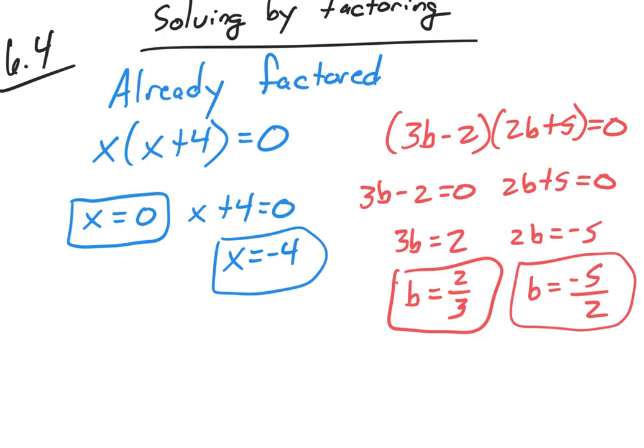One more that's already factored. This one's a little bit different because it has 3 factors, right? Anything that has an x in it is considered a factor that I can set equal to 0.